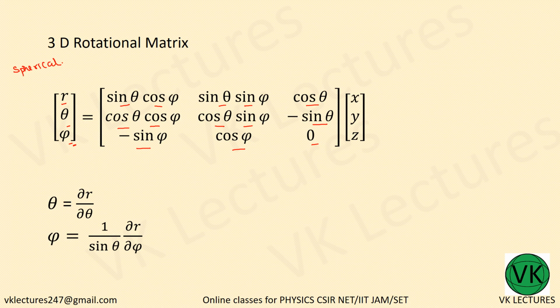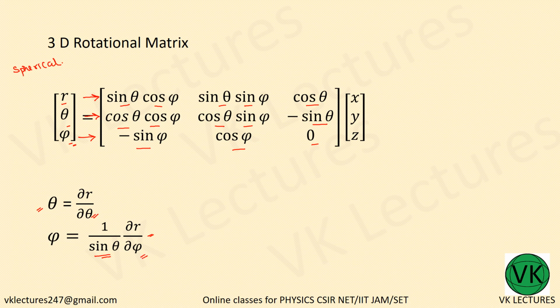If you want to get the theta row, you just have to do dou r by dou theta. Differentiate this particular row with respect to theta, and you will arrive at the second row. Now how will you get the third one? The third row is obtained by differentiating with respect to phi, divided by sin theta.